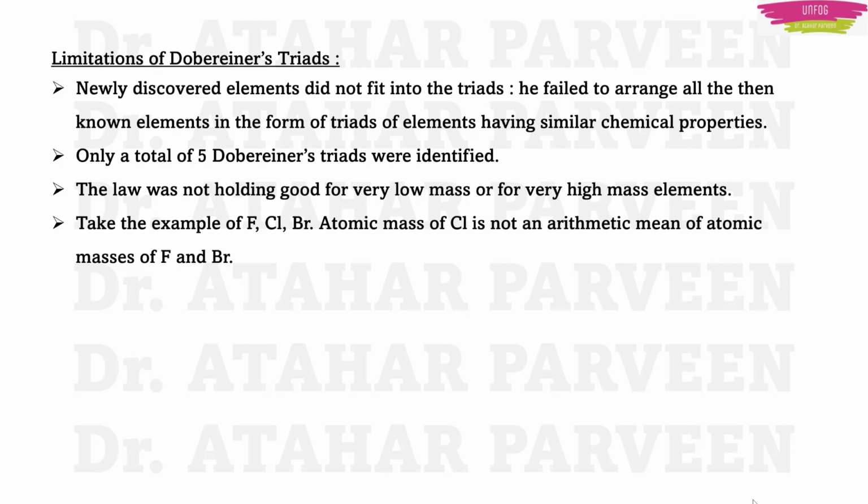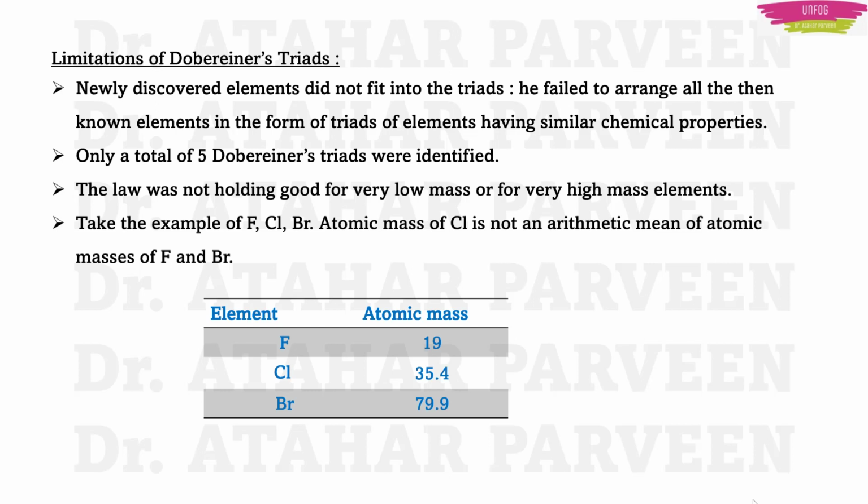And the law which was given by Doberiner was not holding good for very low mass elements or for very high mass elements. For example, if you take fluorine, chlorine and bromine, the atomic mass of chlorine is not the arithmetic mean of the atomic masses of fluorine and bromine. If you want, you can calculate and see. The atomic mass of fluorine is 19, chlorine is 35.4 and bromine is 79.9.